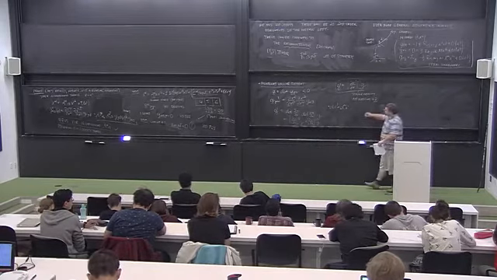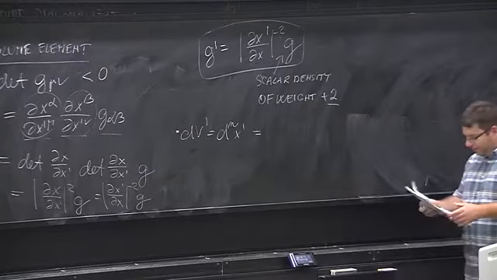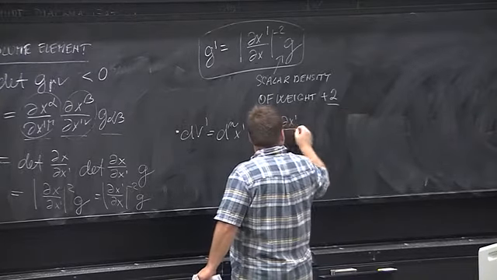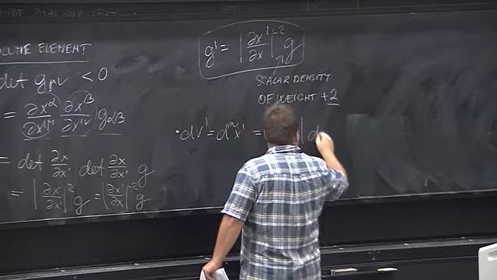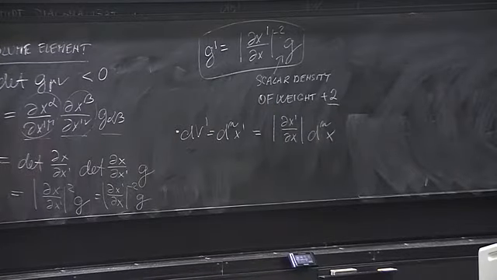If you want to write it in terms of x, you pick up the Jacobian of the transformation. Again, this is dx prime over dx times d^n x. So with changing coordinates, the volume changes with the Jacobian.